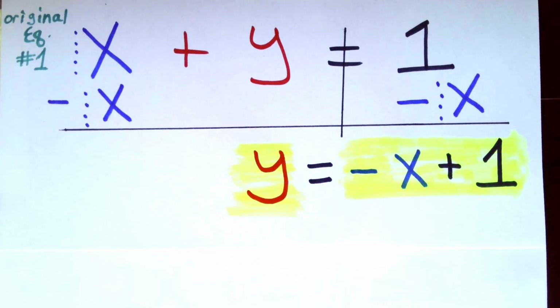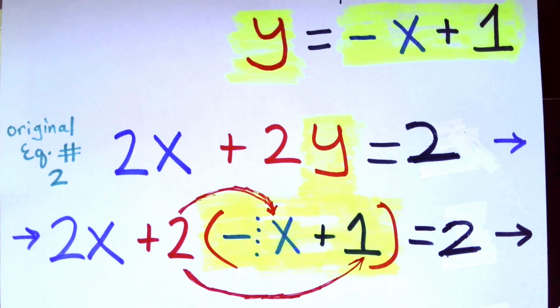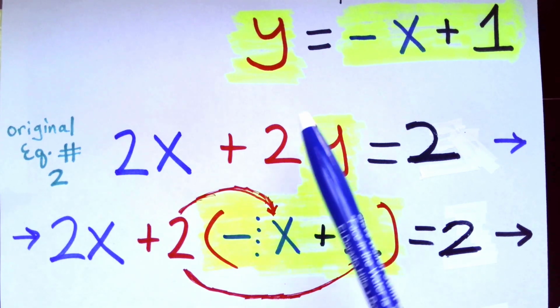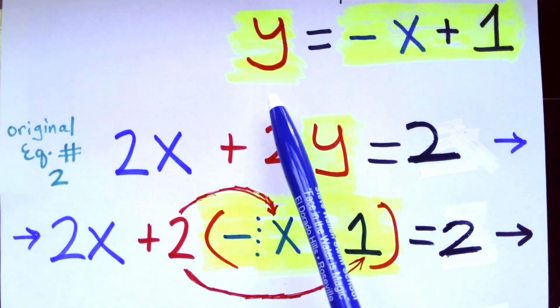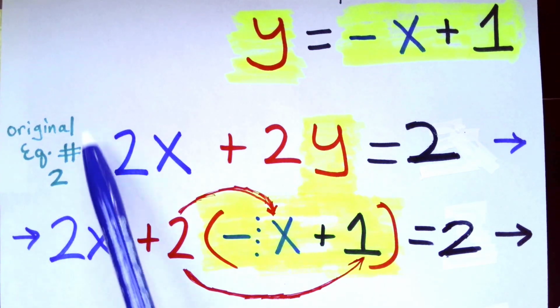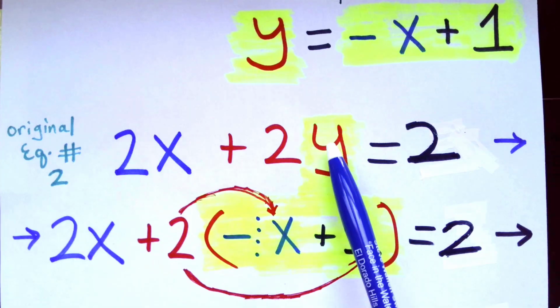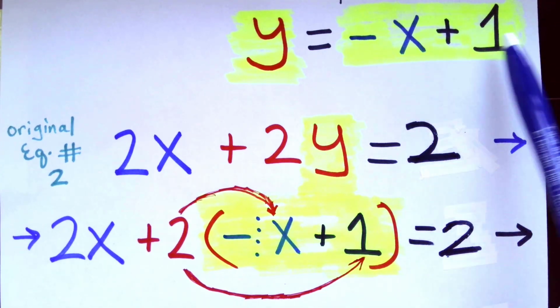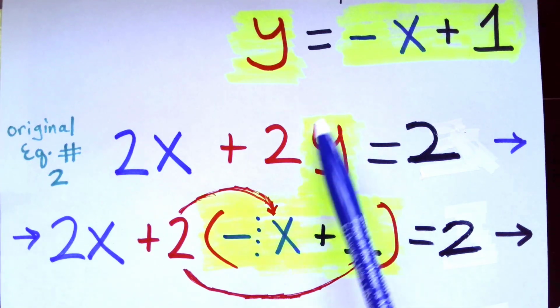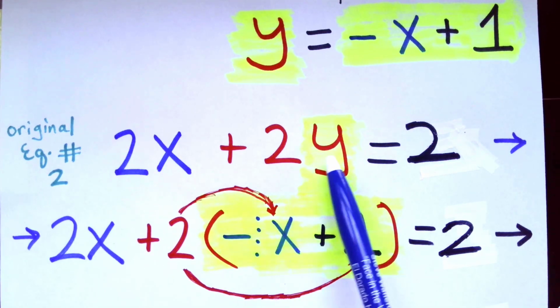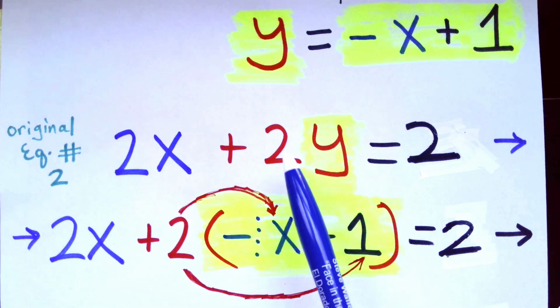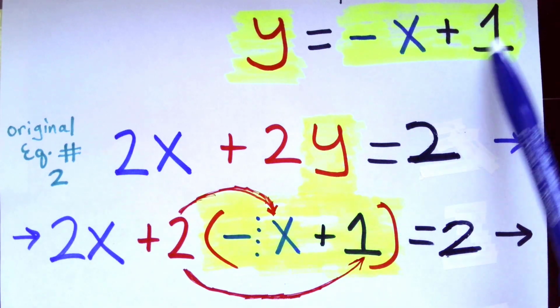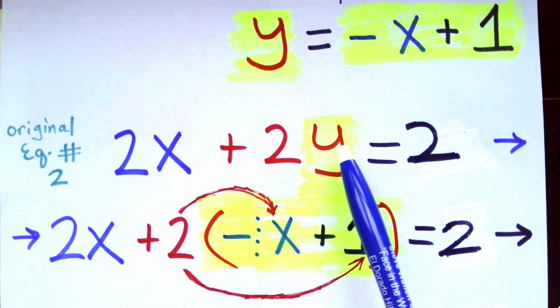Do you remember? Okay, so hopefully you remember that we're going to substitute the value of y into the other equation, right? So I used equation 1 to solve for y. So in original equation number 2, wherever you see y, I'm going to substitute what y equals. Negative x plus 1 will be substituted for this y. Now remember, 2 next to y means multiply. So I'm going to multiply 2 times the value of y, which is negative x plus 1.